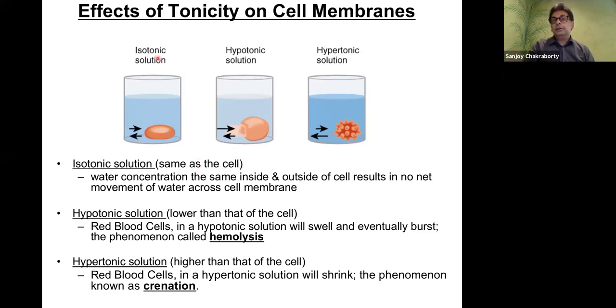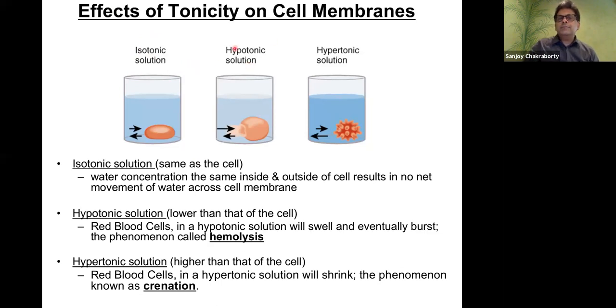That kind of condition we call isotonic. Tonicity depends on how much solute you have. Iso means same, so an isotonic solution means both sides have the same solute concentration, 0.9, 0.9. That concentration is known as saline. I'm going to mention that in 2 seconds.